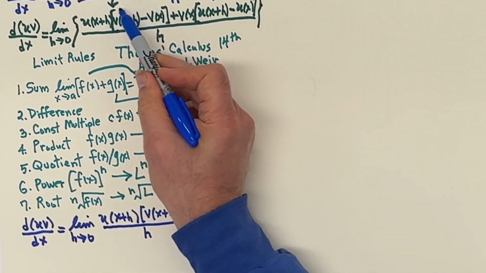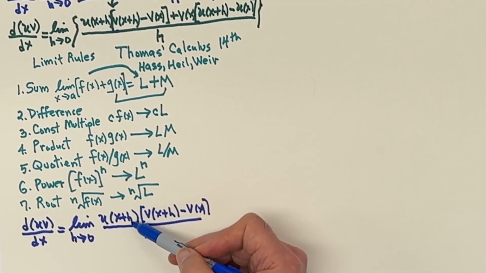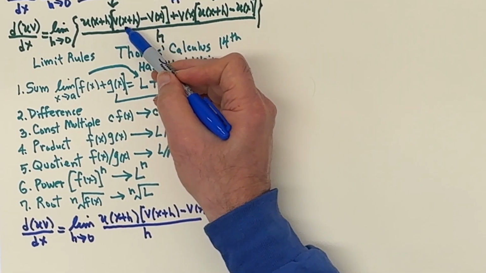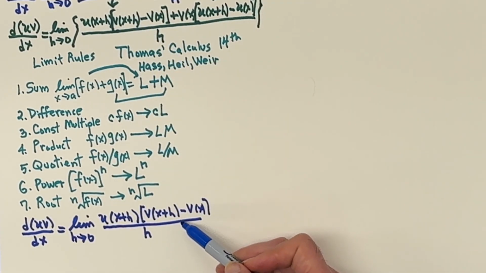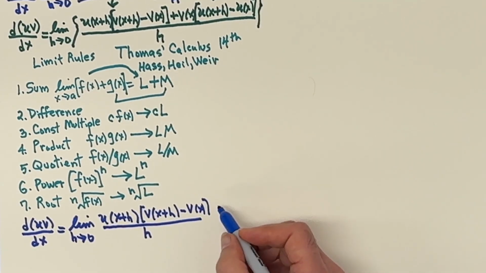So that's taking this one here, the u of x plus h out front, and then just copy the case with the v being x plus h evaluated there, and then minus v of x.